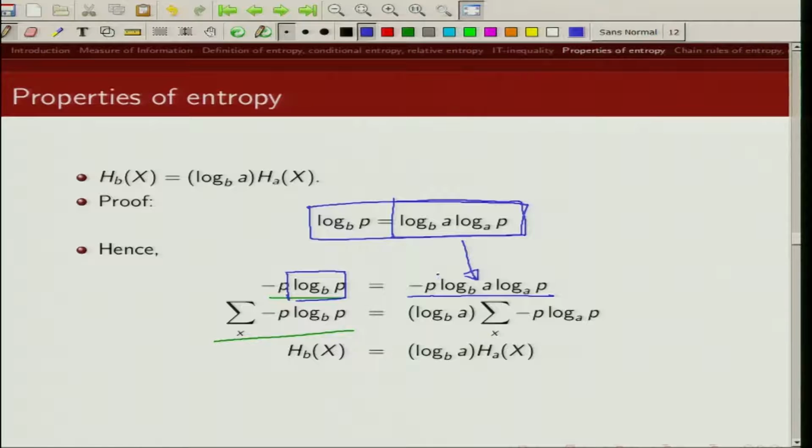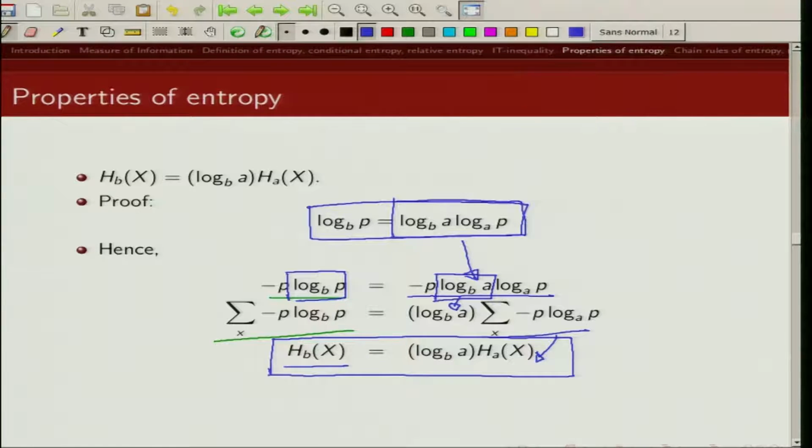Please note this quantity, log of A to the base B, does not depend on x, so I can take this out. What I get here is minus P log of P to the base A. This quantity will be entropy computed to the base A, and this is entropy of x computed to the base B. So, this is a relation governing entropy computed to base B and A.